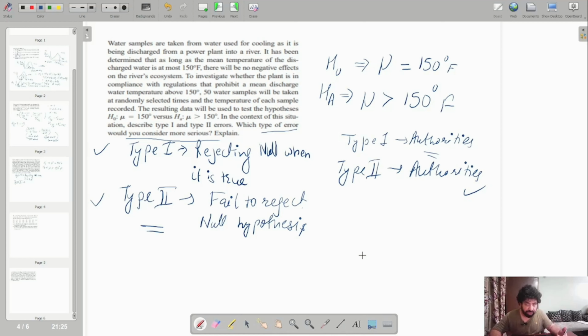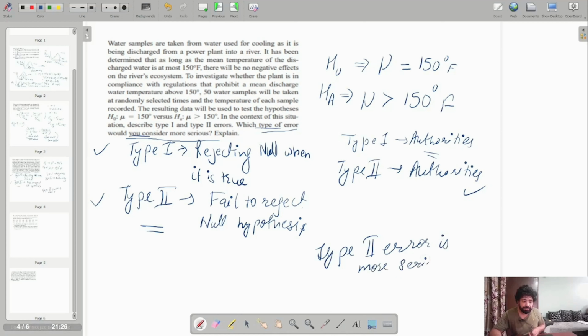Since I could have stopped the plant, but based on my sample and study, I concluded that the plant is following the regulation, and that is an error on my part. But then the environmental damage will happen. More water will be discharged, which has a temperature more than 150 degree Fahrenheit. All right. So there would be the highest environmental damage. So which type of error would you consider more serious? In this case, you can say type 2 error is more serious.